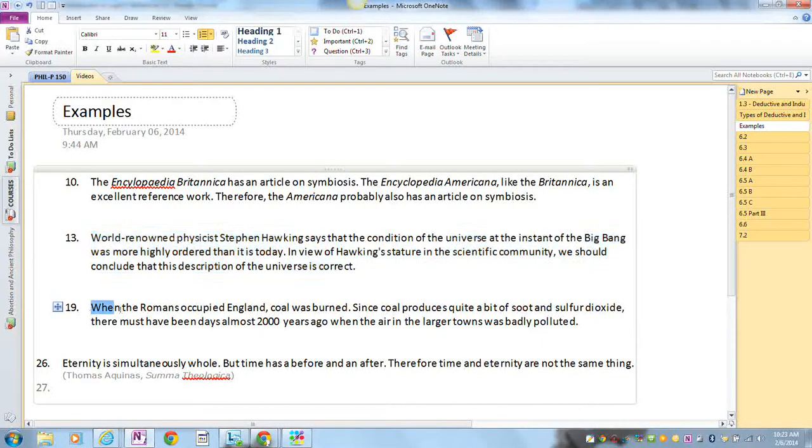Also inductive is number 19. When the Romans occupied England, coal was burned. Since coal produces quite a bit of soot and sulfur dioxide, there must have been days almost 2,000 years ago when the air in the larger towns was badly polluted. So this is basically a causal inference.